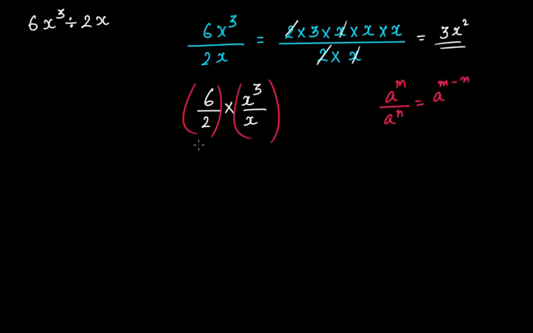So from this you get 3 multiplied by x cubed divided by x, so x raised to power of 3 minus 1, that is 3x squared. It's the same as what we got here, right? Two different ways to solve this: one by finding the common factors and cancelling them, and another using the laws of exponents.